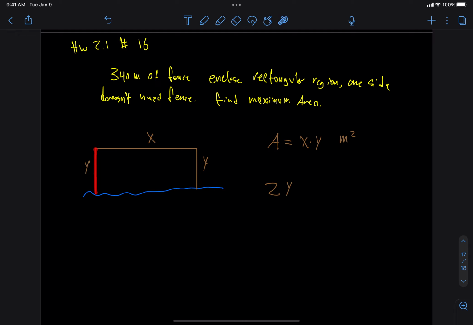I use y meters of it here, and then another x meters of it here, and then an additional y meters of it here. So the total amount of fence which I use is 2 times however long the sides are, plus 1 times however long the top part is. 2y plus x equals 340, because I'm going to use all of my fence.